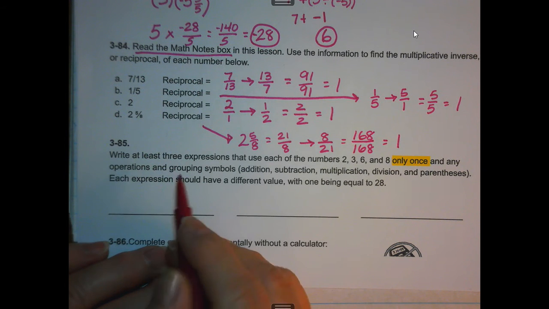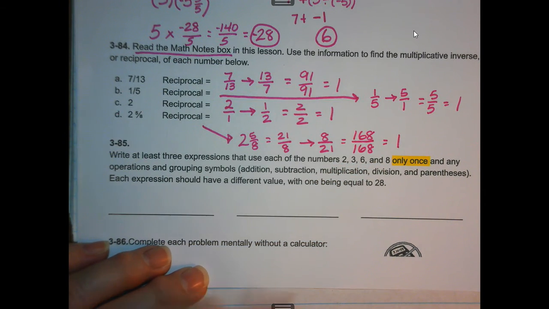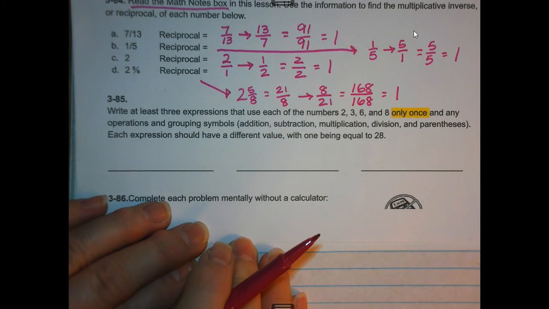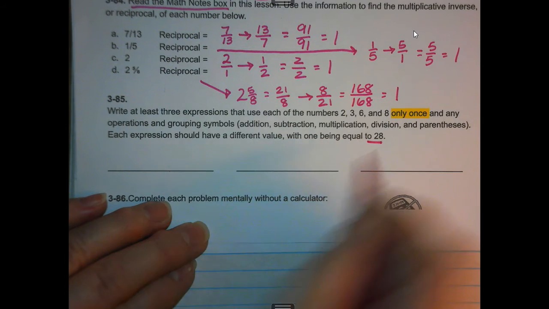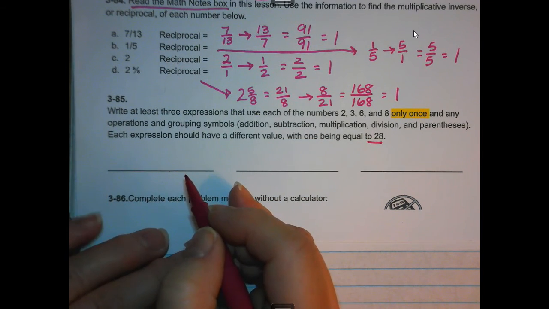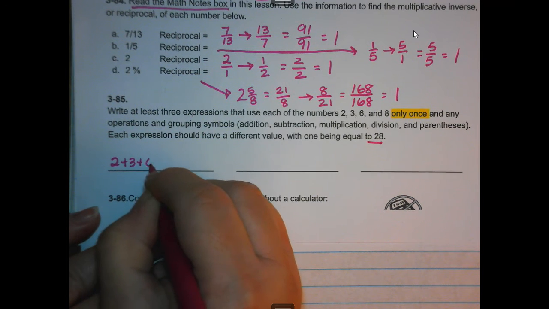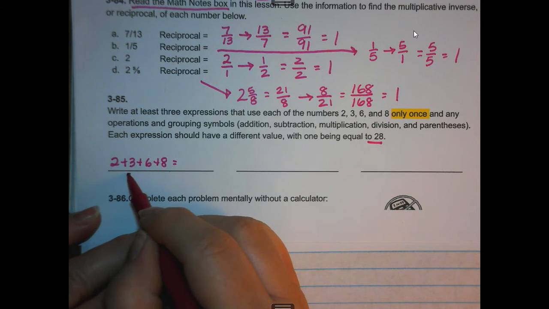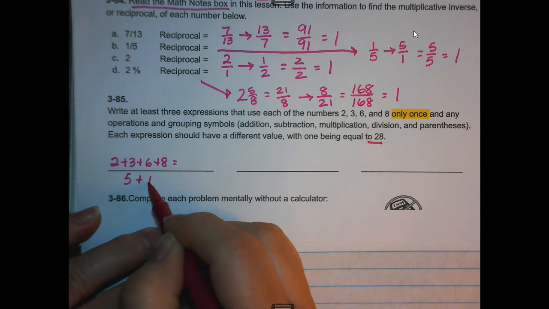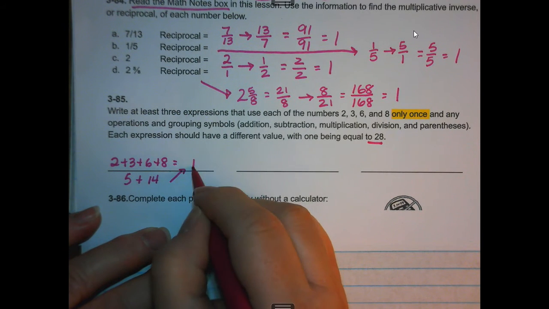So next, it says to write 3 expressions, and you can use these numbers only once. Only once. And one solution should be equal to 28. If I do 2 plus 3 plus 6 plus 8, I get 5 plus 14, which gives me 19.